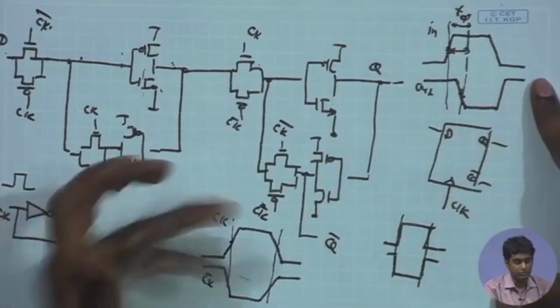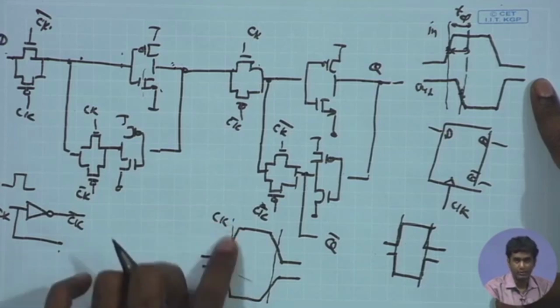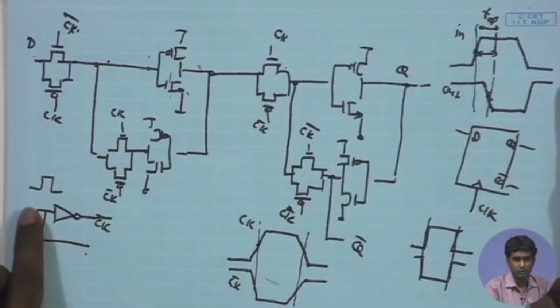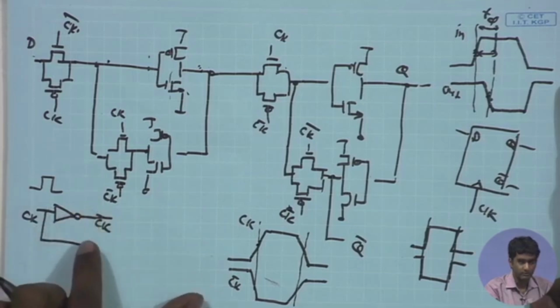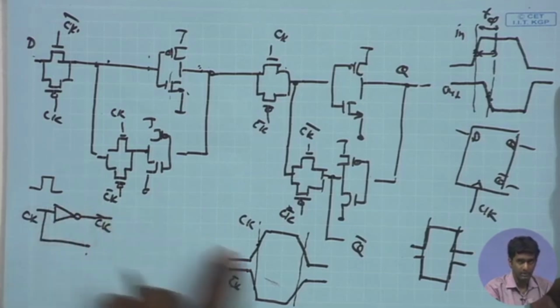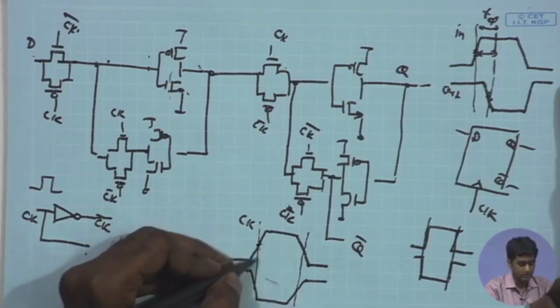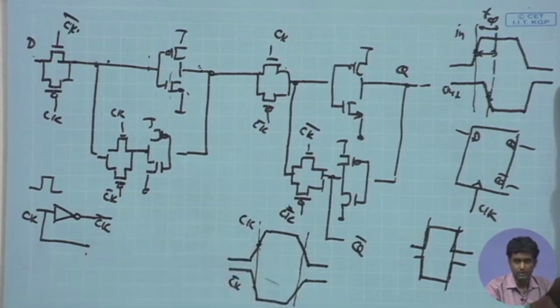Ideally, we would like the clock and clock bar to be exactly out of phase. If you have a given global clock signal, generally we generate the clock bar using an inverter, and we want to make sure that this clock bar is exactly out of phase with the clock, so there is no significant delay between the rising and falling edges.